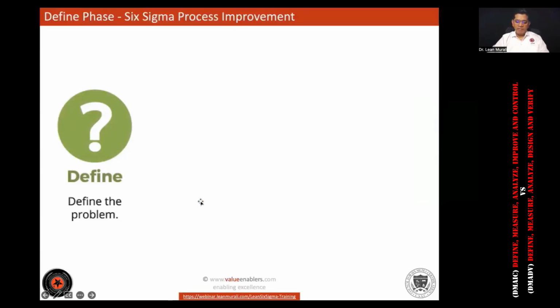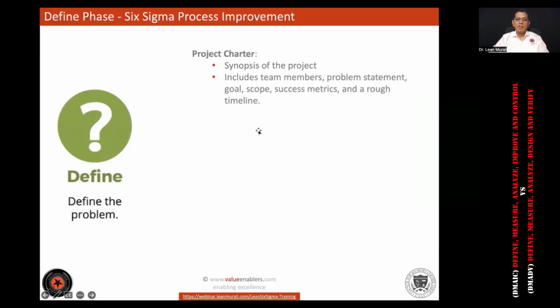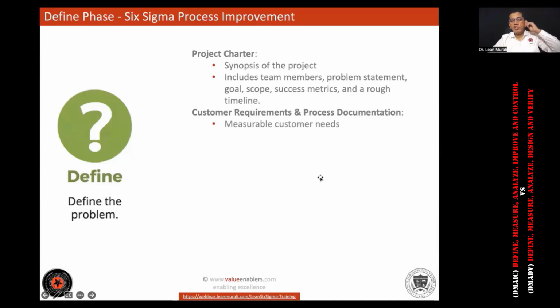Now, in the define phase, the project charter gives a synopsis of the project. Team members, problem statement, goal, scope, success metrics, and rough timeline are there in the project charter. And if you see customer requirement and process documentation, it is measurable customer needs, high level.